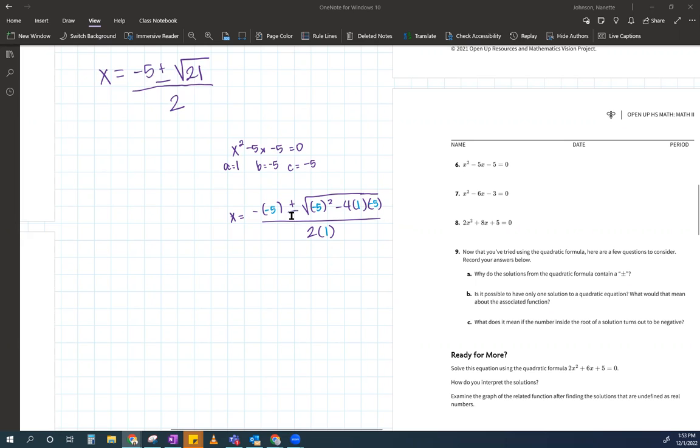Okay, good. So what is one thing that I can simplify here? Yeah, -5 squared is -5 times -5, so that is just 25. And then -4 times 1 is -4, times -5 is plus 20.